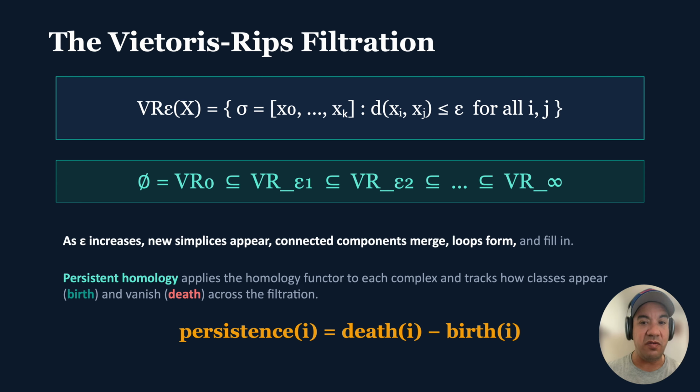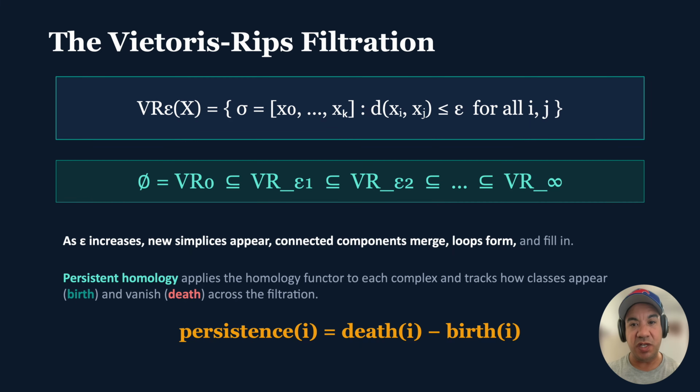As epsilon grows from 0 to infinity, we get a nested sequence. The empty set equals VR 0, contained in VR epsilon 1, contained in VR epsilon 2, and so on up to VR infinity. This nested sequence is called a filtration.